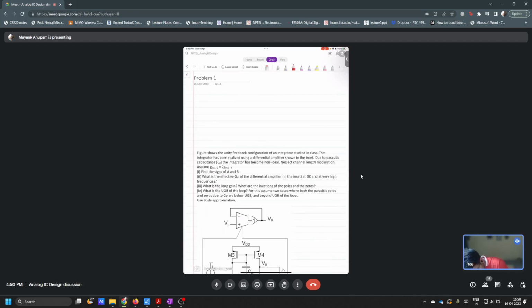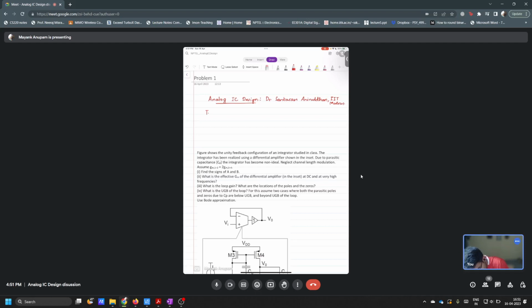Like every time, this is analog IC design, and the instructor for this course is Dr. Shankaran Nidhan. He's a professor in IIT Madras, in the Department of Electrical Engineering.